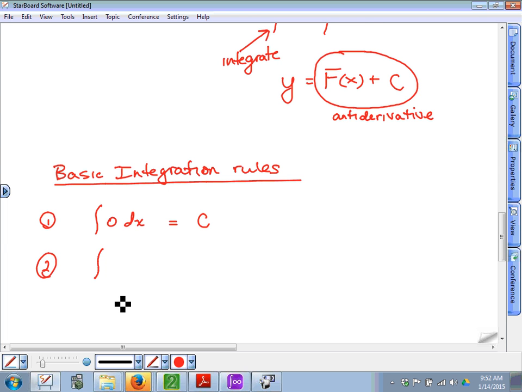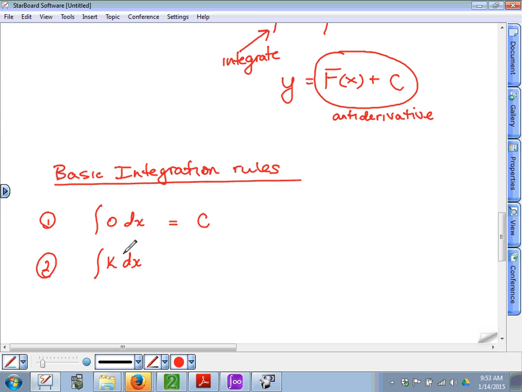Okay, second one. If we're taking the integral of k dx, now k is a constant. They don't want to use the letter c again, so they're changing to the letter k. K is a constant.